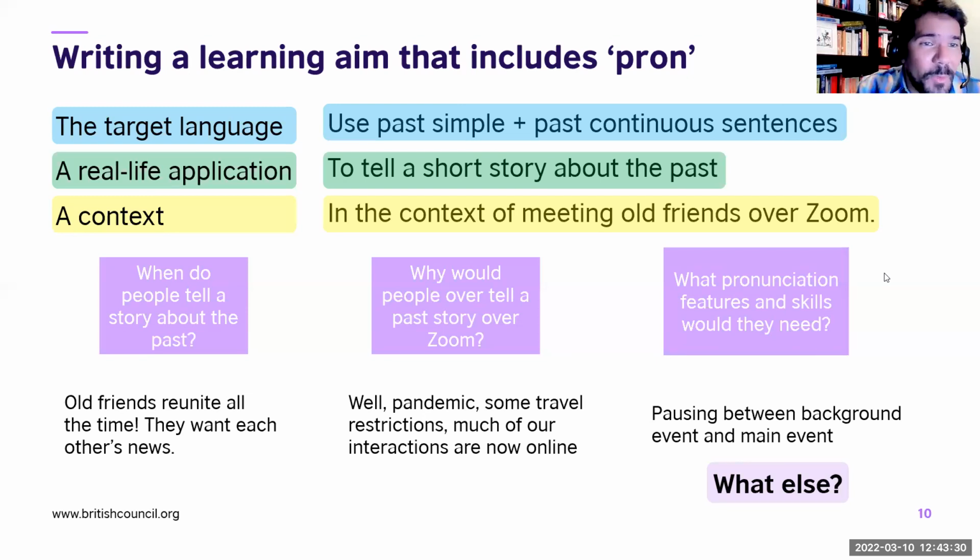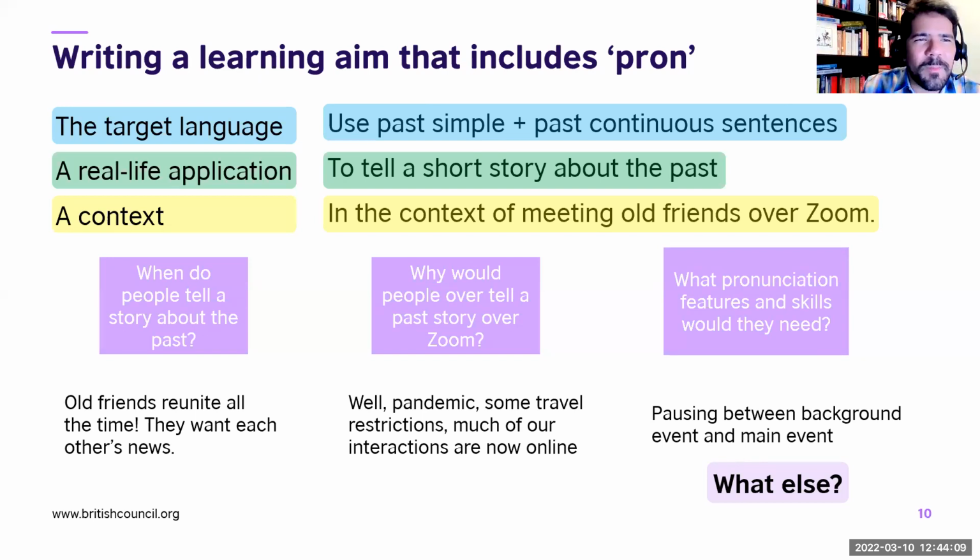Yes, the weak forms. This session is not about weak forms, but I do have something to say about weak forms. If you get your learners to practice thought groups, to practice unity of thought groups, to pronounce complete whole chunks, they'll be practicing weak forms almost automatically, because they'll be putting things together and they'll be using prominence, stressing only the keywords.